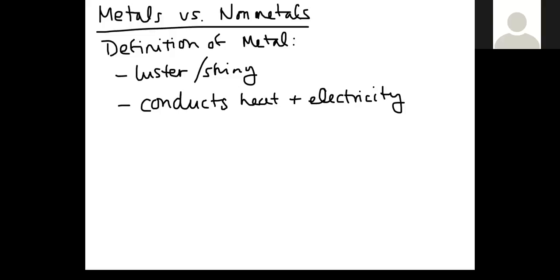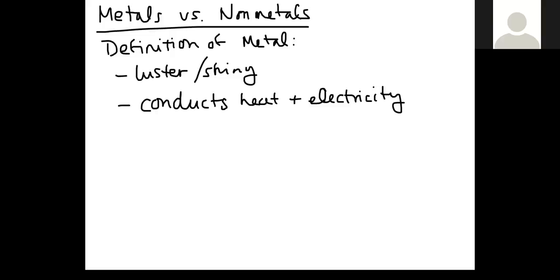So if you have a chunk of metal, or for example, a wire, and an electron moves from this end to that end, it is very easy for that electron to hop from one atom to the next, okay? So electrons move very easily among metals, and that is why they conduct electricity. Most nonmetals, the whole reason they're called nonmetals is because they tend to not conduct heat or electricity.